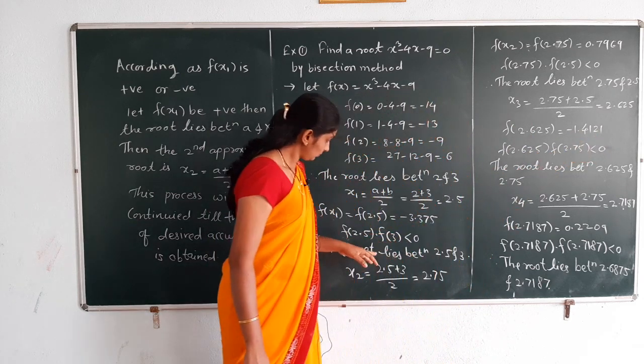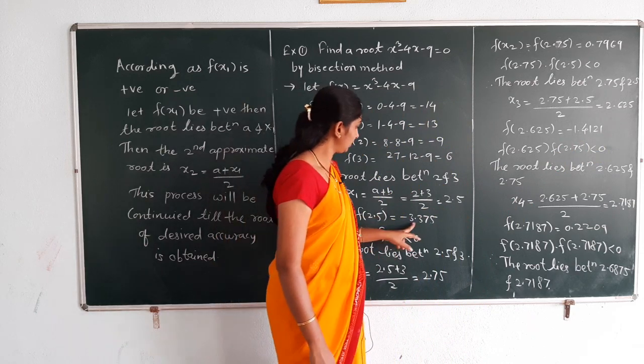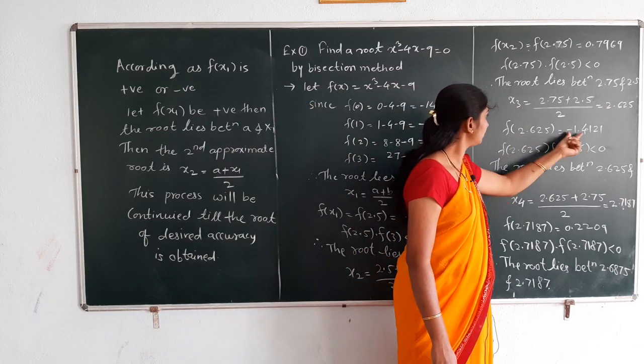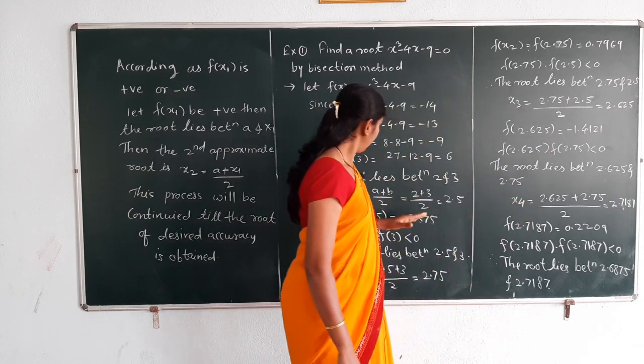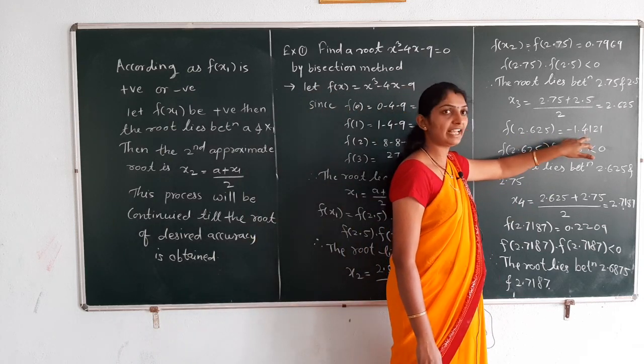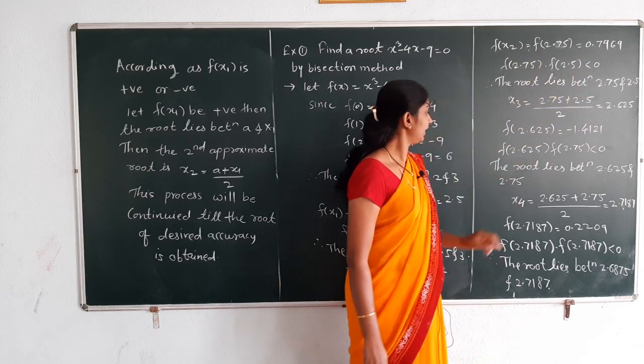Here f of x1 is minus 3.375, but f of x3 is also negative. Therefore, we replace x1 by x3, that is we use the next step, f of x3 into f of x2, the positive root.